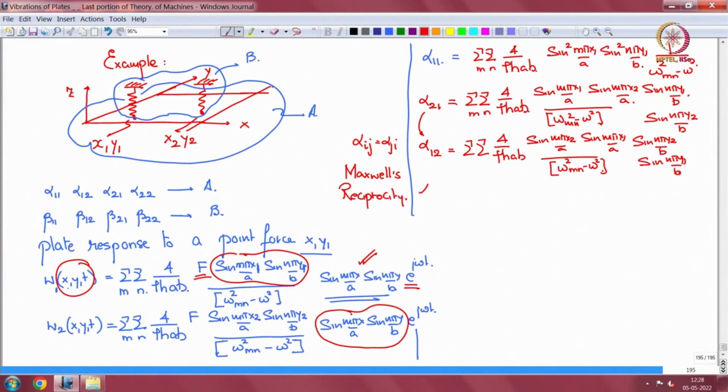And lastly, what is alpha 22? Alpha 22 is force at 2, response at 2. 4 by rho h a b sine square m pi x2 by a sine square n pi y2 by b divided by omega square mn minus omega square.